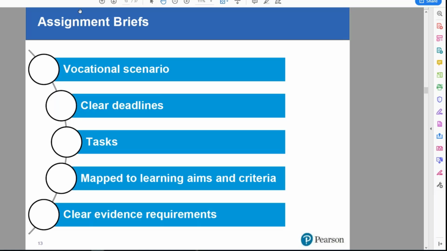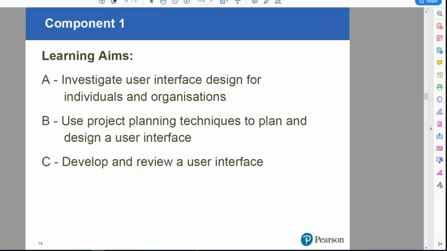We provide, I wonder if it says it on the next slide. It doesn't. We provide authorized assignment briefs. When you first start in a BTEC, it's quite daunting, and you want examples to give you the assessment models, so we provide a set of authorized assignment briefs which you can use.